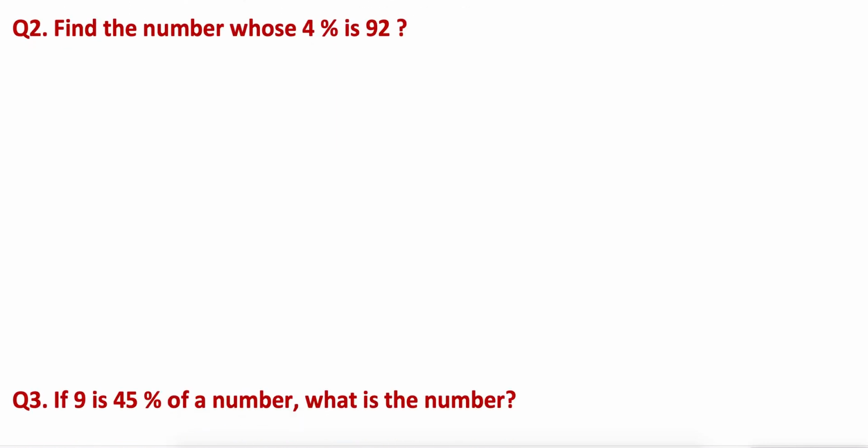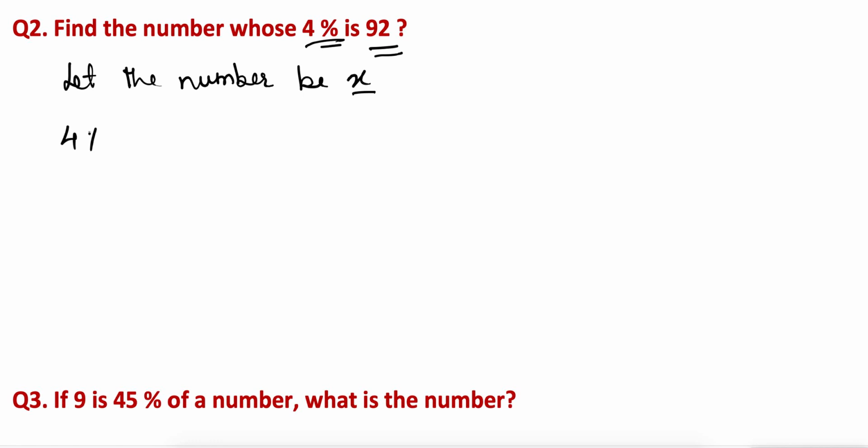Let's take one more example. Question number 2. Find the number whose 4% is 92. Let the number be x. As we don't know the number and we have to find that number only whose 4% is 92, so let the number be assumed as x.